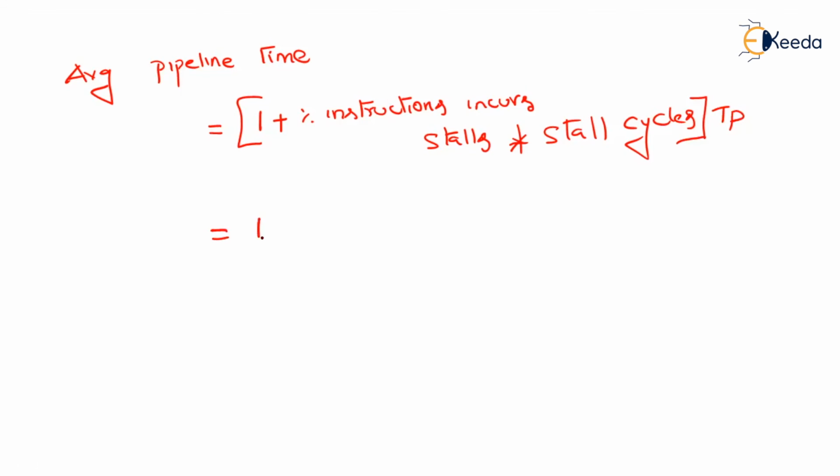That is equal to 1 plus the rate of instructions that incur stalls, which according to the question is 0.2. Let's have a look at it.